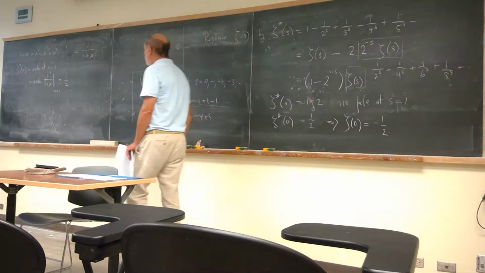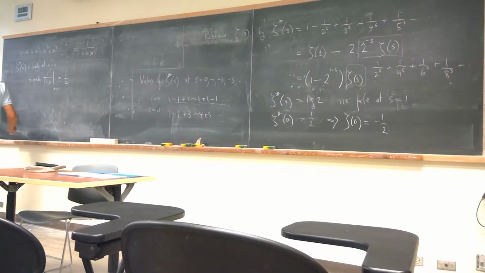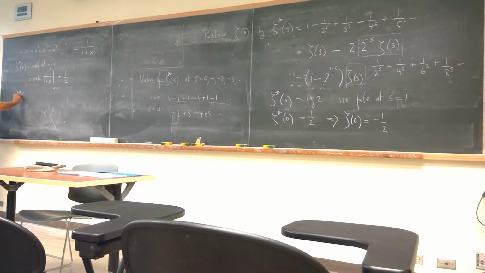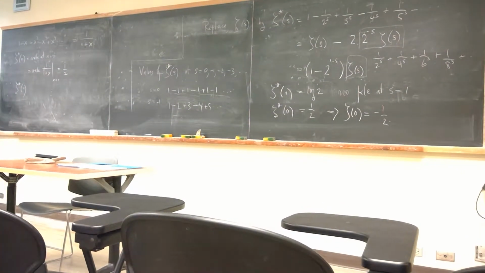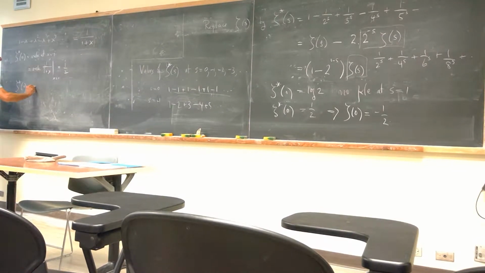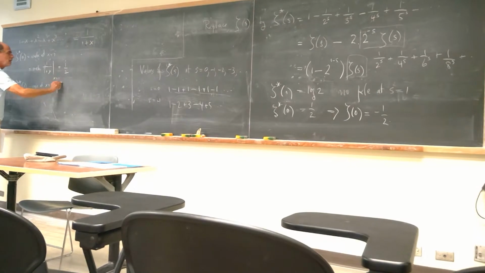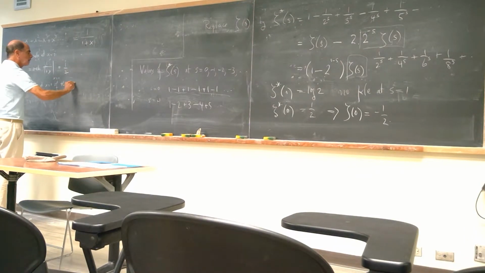Now let's do zeta star of negative 1. Okay, so that's going to be the value at x equal 1 of the power series, and we just put an x in, right?